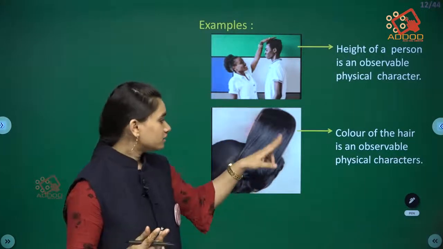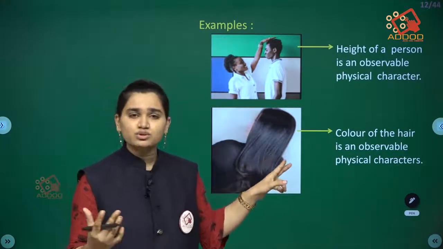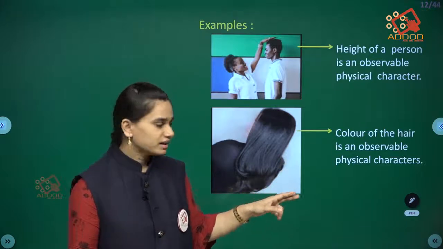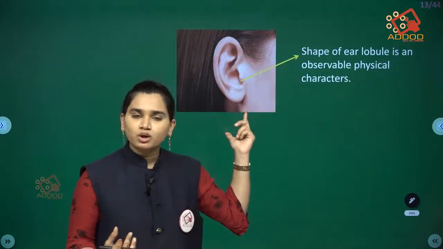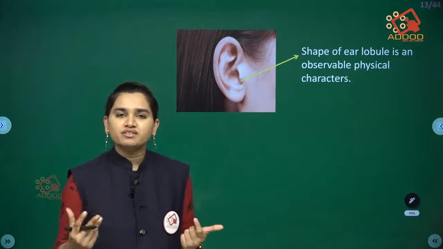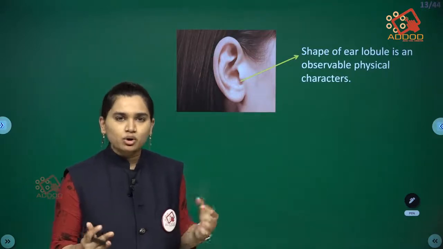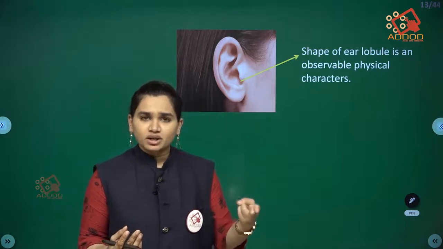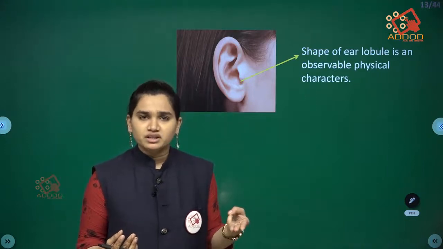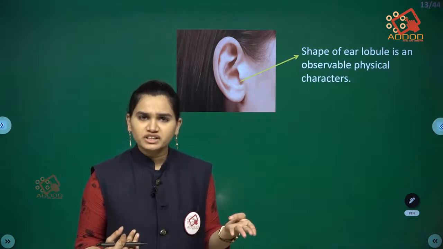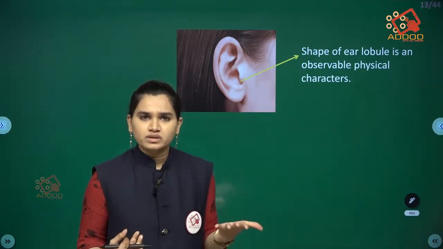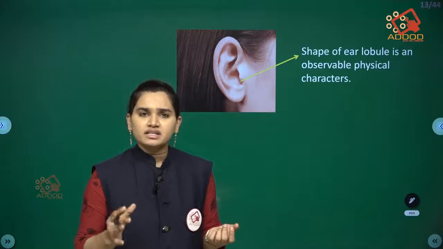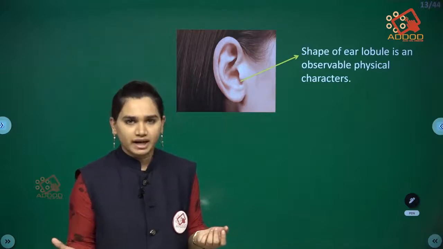The color of the hair is also an observable physical character. The shape of the ear lobule is also an observable physical character. So all these were the examples of characters, that is height of a person, color of the hair, shape of the ear lobule, color of the eyes, shape of the nose, shape of the lips. All these account to be examples for characters.